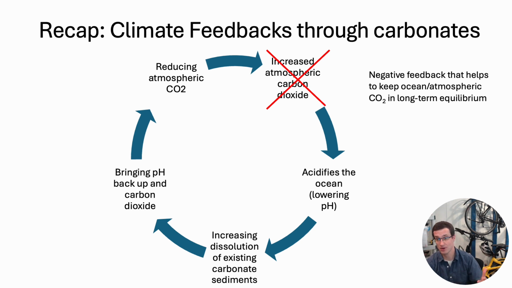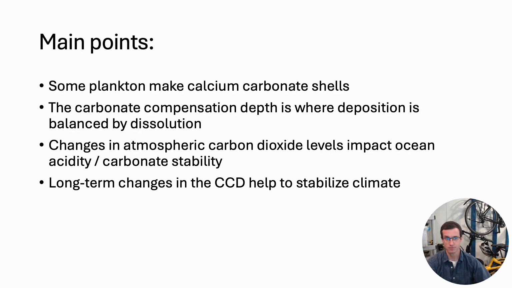Now this can go in the opposite direction. If you lower atmospheric CO2, then you go in the opposite direction, and the carbonate compensation depth will drop, and you get this negative feedback that helps stabilize global climate.